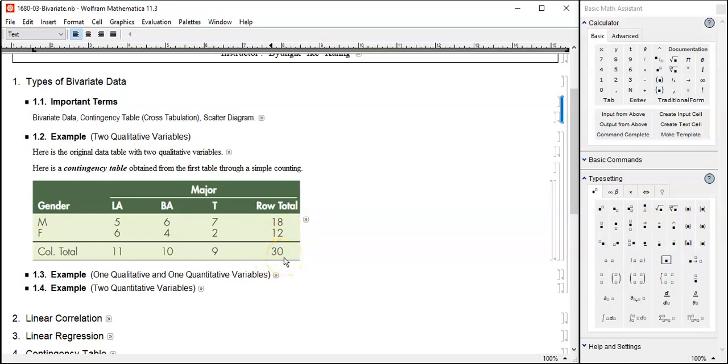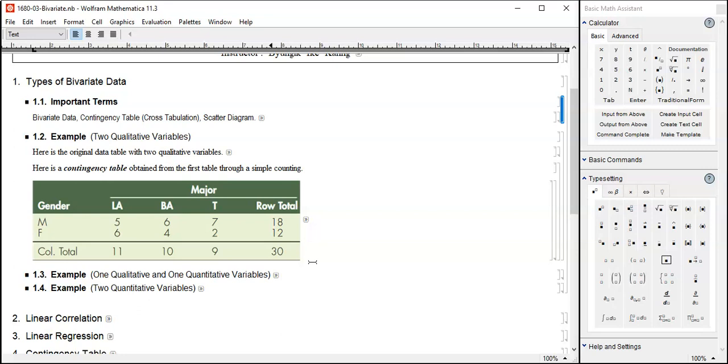See the structure? How about the majors? 5 male liberal art majors, 6 female liberal art majors, adding up to 11 liberal art majors total. Same for business, same for technology, and they all add up to 30. See the structure? That's what a contingency table is all about.